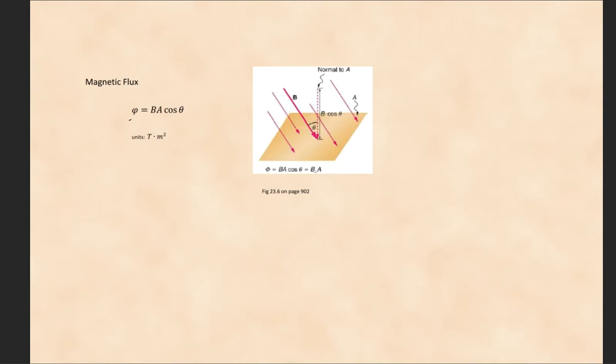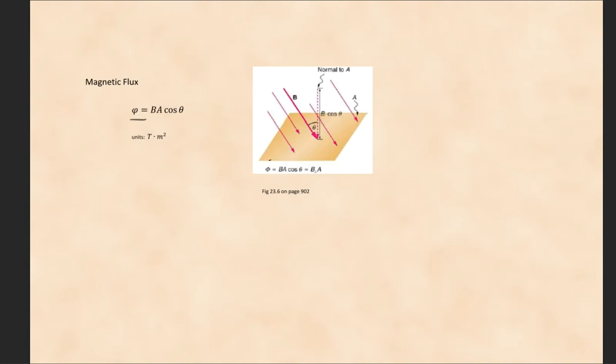Magnetic flux, which we give the symbol Greek letter phi, is the idea of magnetic field moving through a surface. It's defined as B times A times cosine theta. Theta is the angle between B and A. It's not obvious what the direction of an area is, but we define the direction of the area as the perpendicular to the area.